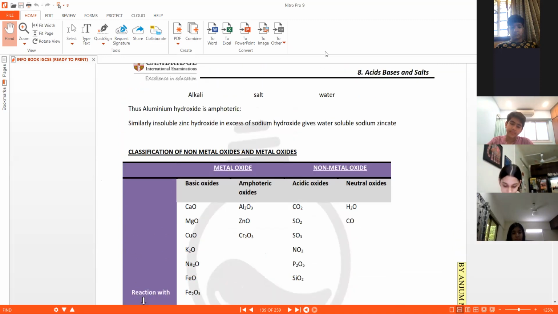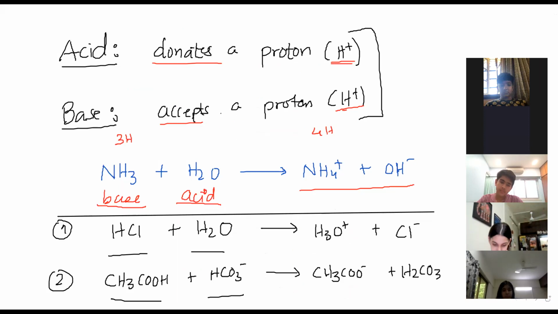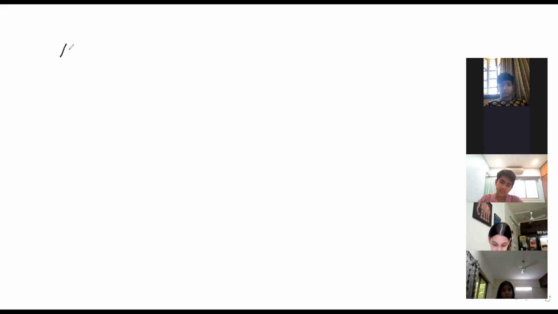So the next topic is the types of oxides and the amphoteric oxides, amphoteric hydroxides. So we'll do the amphoteric first. Okay, this is again a new term for you, so everyone pay attention to what exactly this means.